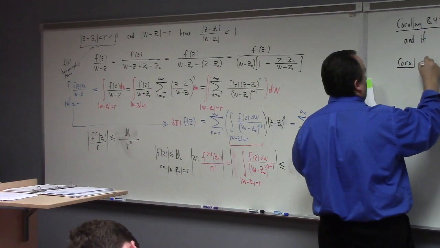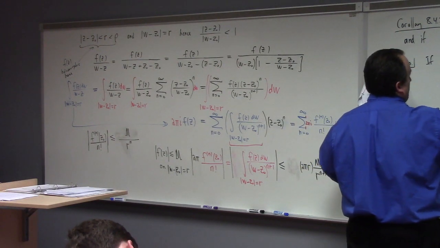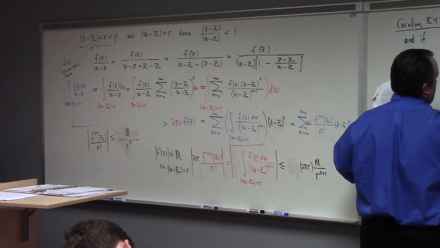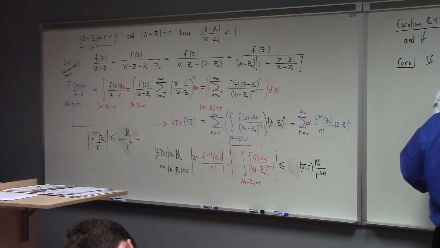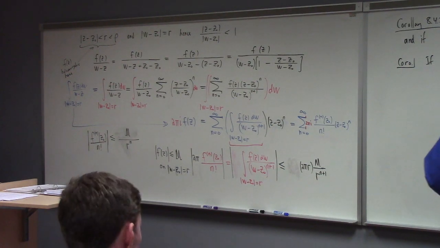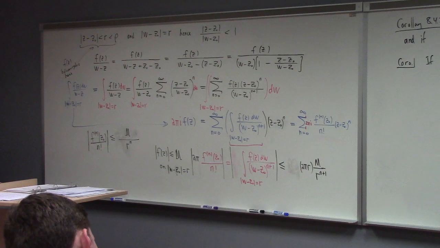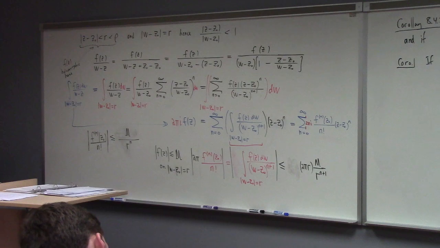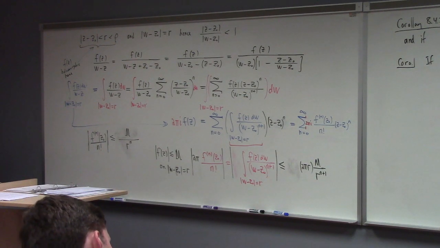If f of z is analytic at z naught, with f of z equals the sum k equals 0 to infinity of, let's say, a sub k times z minus z naught to the power k, then the radius of convergence of the power series is the largest number r such that f of z extends to be holomorphic. Let me draw a picture of this.